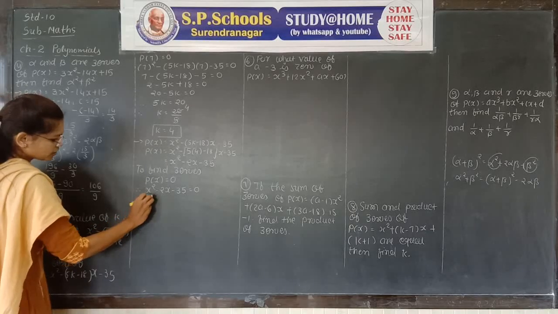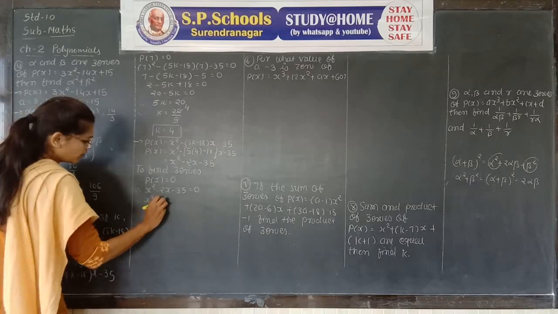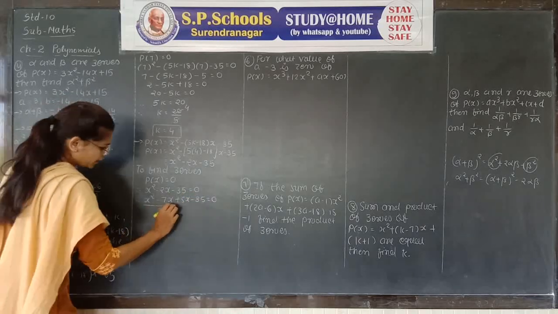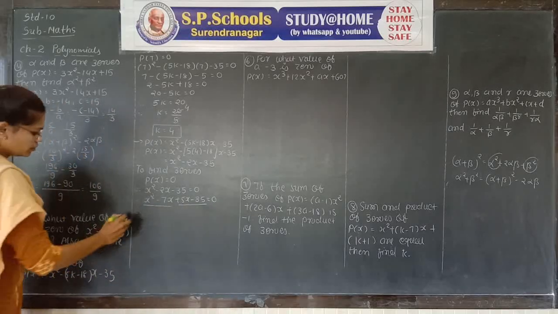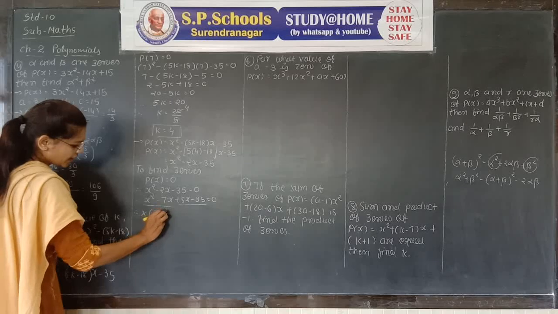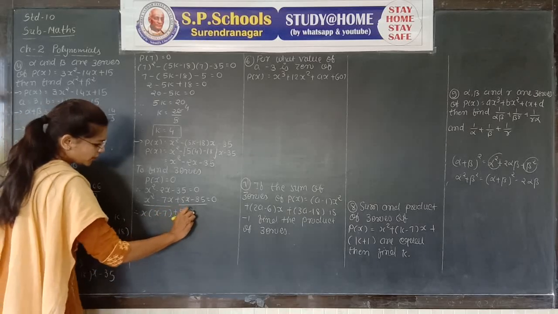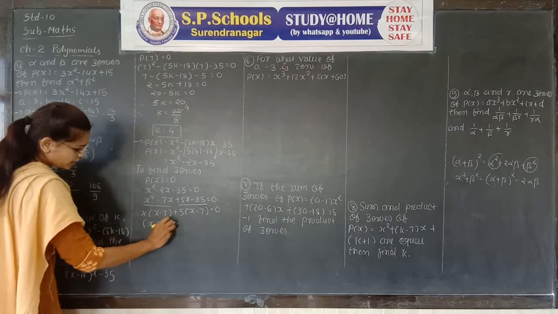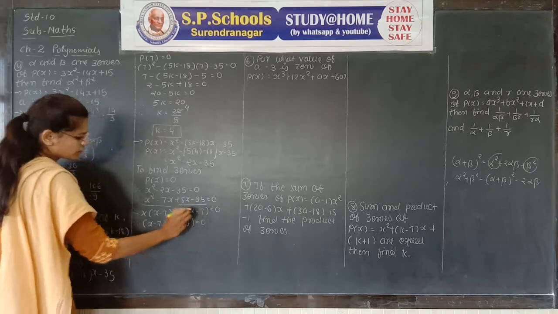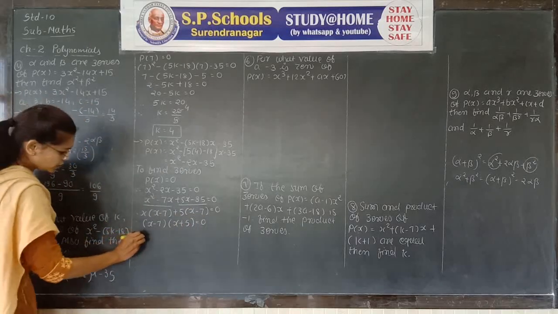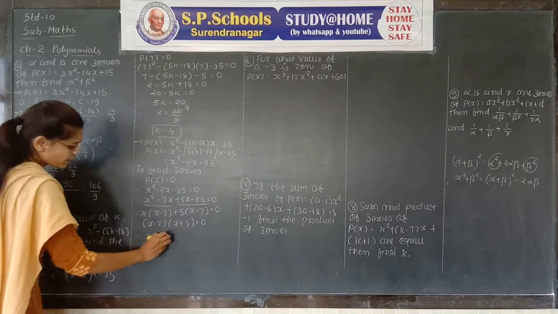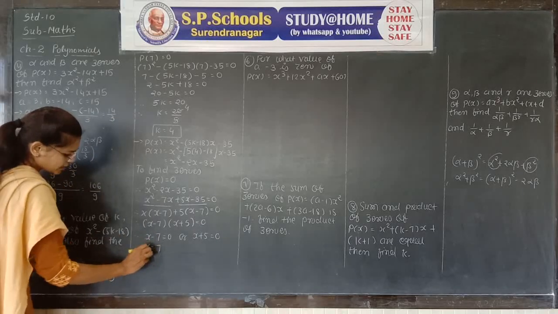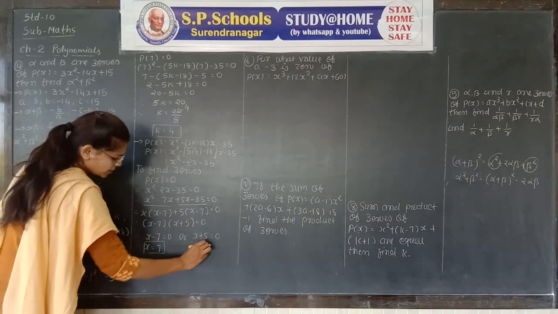That's why x square, the factors of 35, minus 7x plus 5x minus 35 is equal to 0. Pair the first two terms and the last two terms. Now x is common, x into bracket x minus 7 plus 5 into bracket x minus 7 is equal to 0. Into first bracket x minus 7, in another bracket x plus 5 is equal to 0. On comparing both brackets with 0, we get x minus 7 is equal to 0 or x plus 5 is equal to 0. That's why x is 7 and the second time x is minus 5.